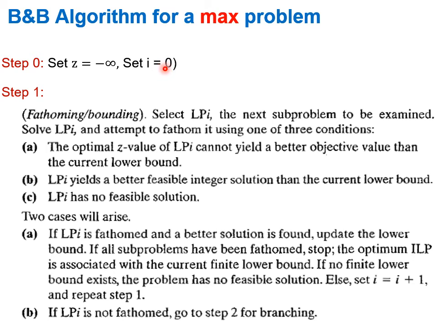You can start from 0, you can start from 1. But usually, since the top node is named as the root node, we name it as node 0, and the first LP that we are solving is LP0. Okay? So we select LP0 as the next sub-problem to be examined and solve it.